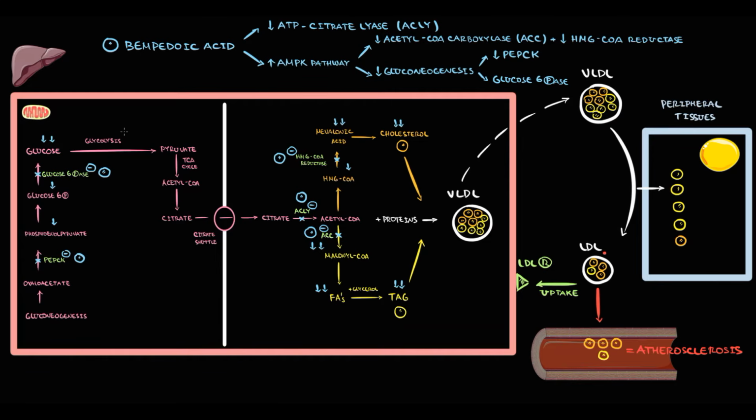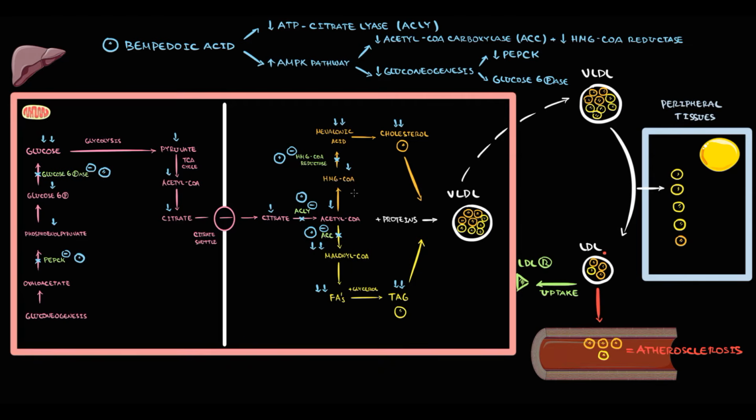With decrease in glucose production, glycolysis decreases. This will cause decrease in formation of pyruvate, acetyl-CoA, and citrate. And because from citrate we make acetyl-CoA, inhibition of gluconeogenesis causes decrease in production of acetyl-CoA, which is the major substrate for synthesis of lipids.